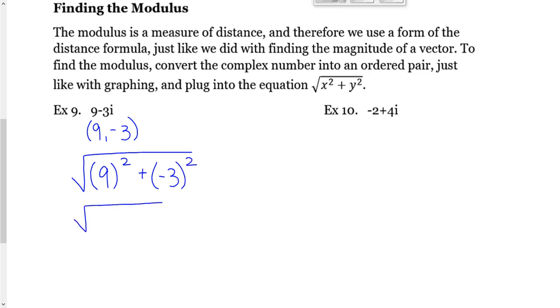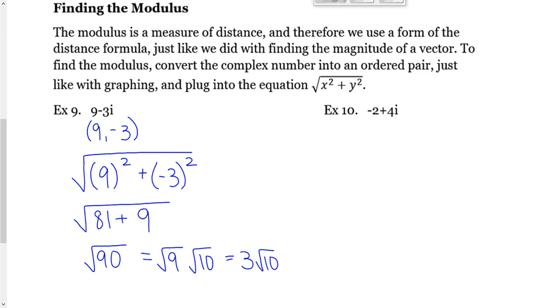Well, 9 squared is 81. Negative 3 squared is 9. So that is the square root of 90. If I wanted to simplify that, that would break down into the square root of 9 times the square root of 10. 9 times 10 is 90. The square root of 9 is 3. I cannot take the square root of 10, so it stays. 3 radical 10, or 3 root 10, however you want to say it.